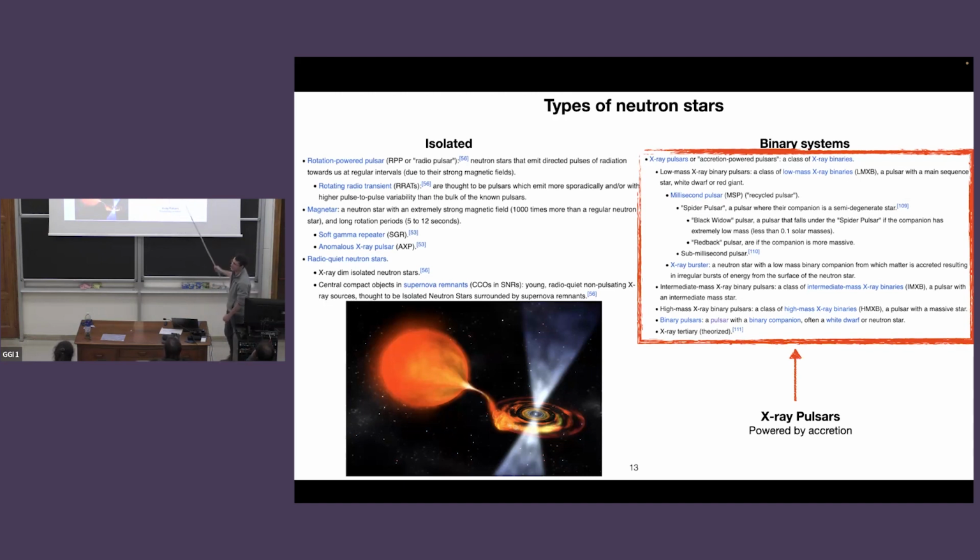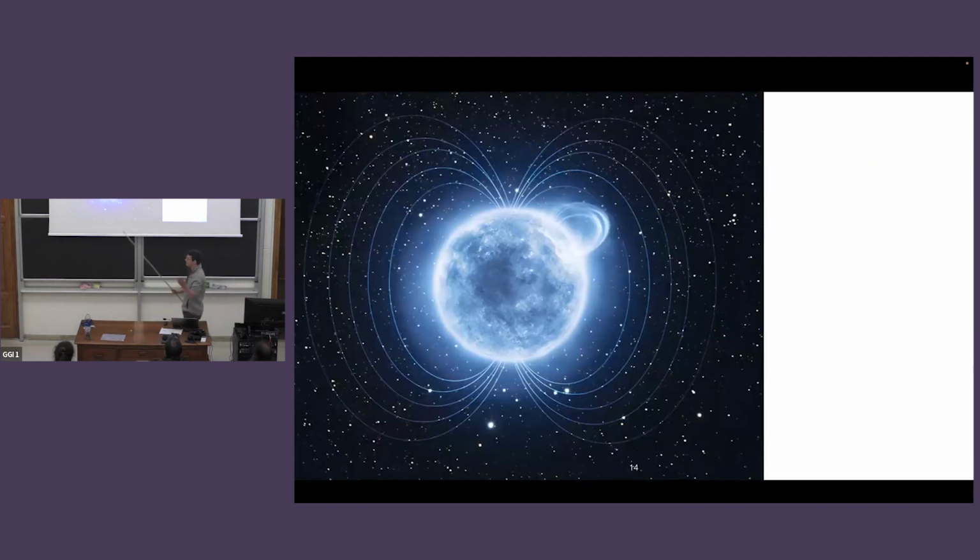So there's a large variety depending on how exactly it accretes, and the properties of the neutron stars vary widely. That's also where you have your millisecond pulsars, etc. So that basically summarizes what a neutron star roughly is.